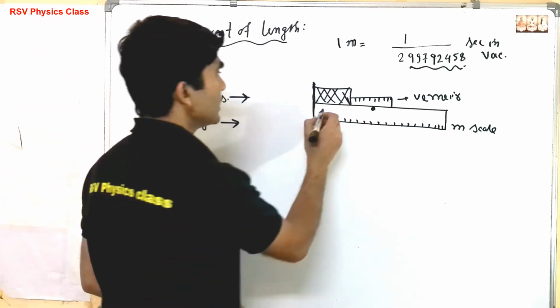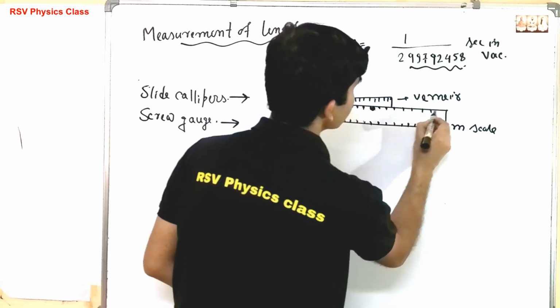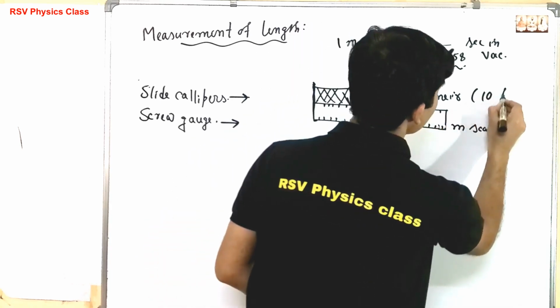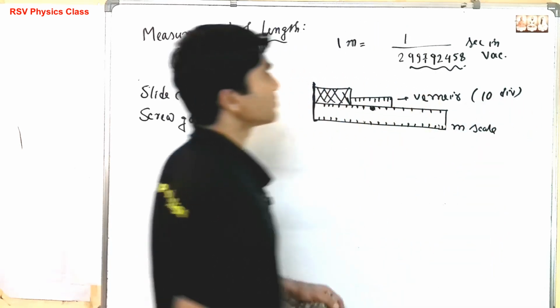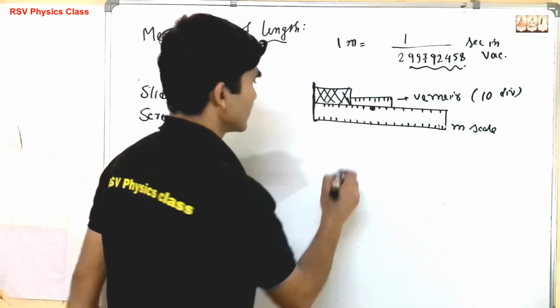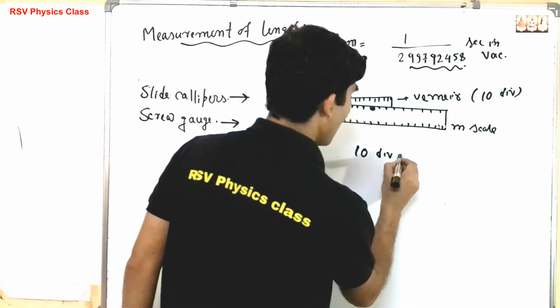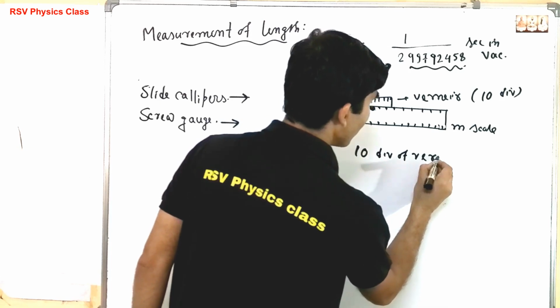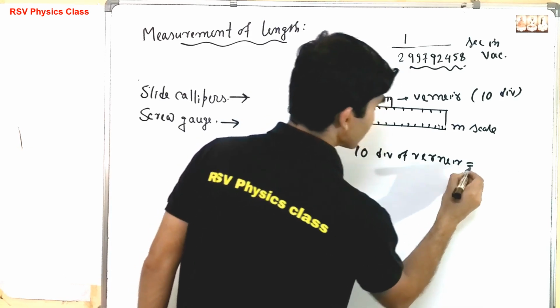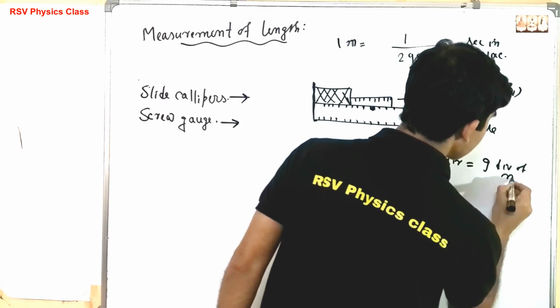Okay, so this vernier scale, there is a vernier of 10 divisions, and these 10 divisions of vernier scale are equivalent to 9 divisions of the meter scale.